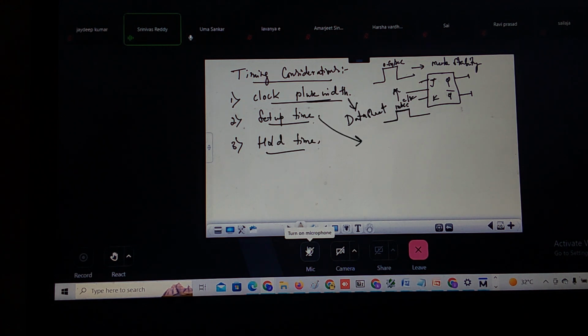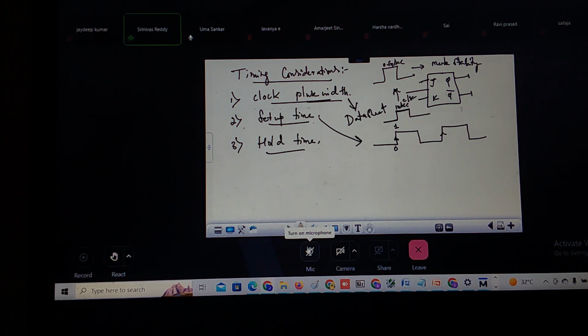Second one is nothing but setup time. What does setup time mean? If I talk about the clock, this is my clock. Suppose it is a positive triggering flip-flop operation. What does positive edge mean? Whenever the transition takes place from 0 to 1, the output changes, and it will remain the same until the next positive edge comes. This is the operation of a positive edge triggering flip-flop.